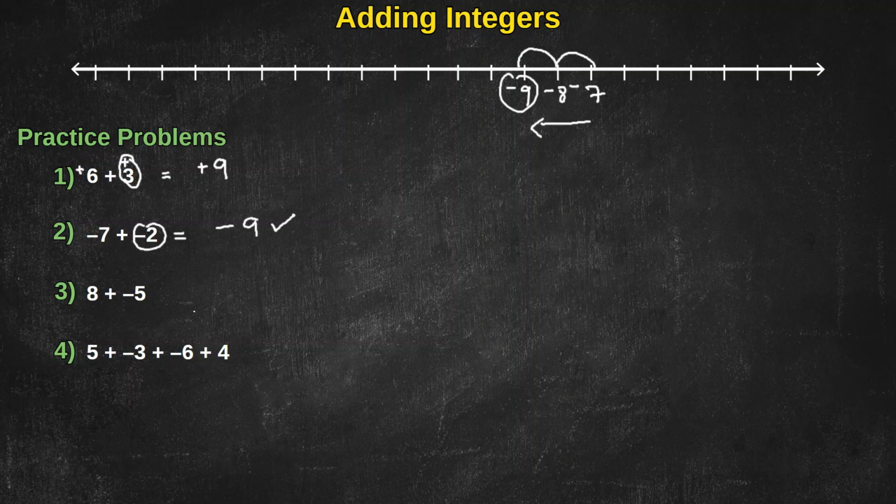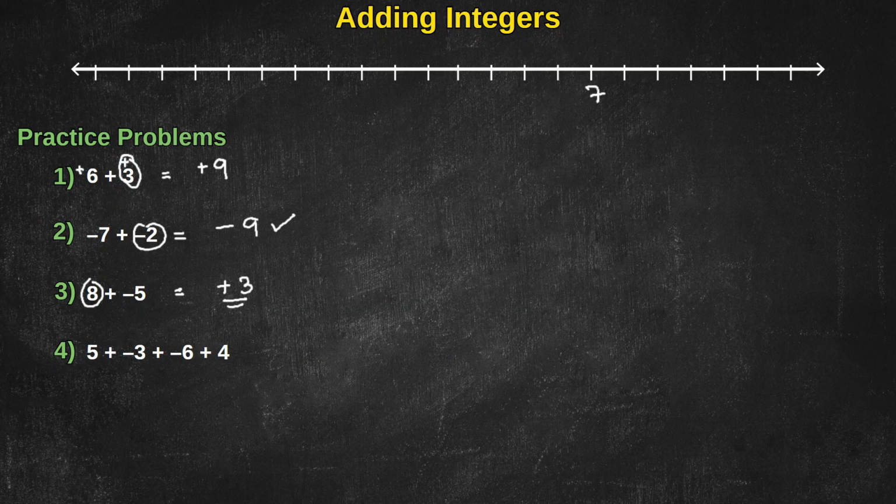Now let's move on to problem number 3. Different signs. Keep the sign of the number that's farther away from 0. Well, 8 will be the number farther away from 0, so our final answer will be a positive. 8 minus 5 is 3. Let's prove that using the number line now.